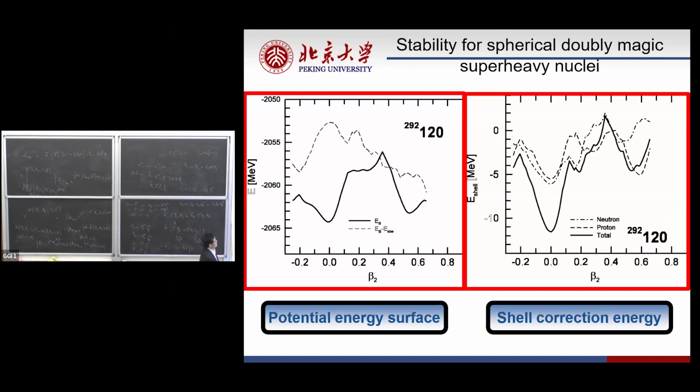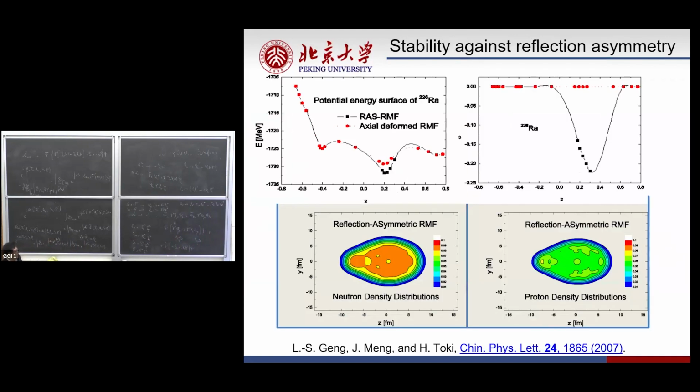If you are talking about the liquid drop or something like that, it's not stable. But with the shell effect, you can have an energy minimum here. So therefore, that is the magic number from the potential energy surface. We could see that is what the next magic nucleus should look like. And then one question comes, why does this minimum survive?